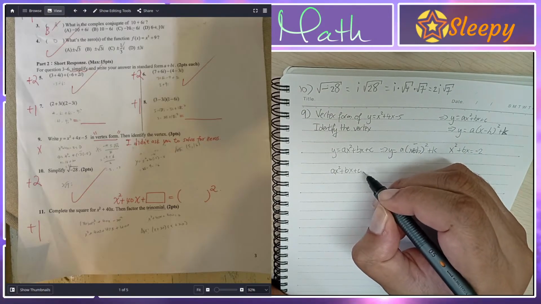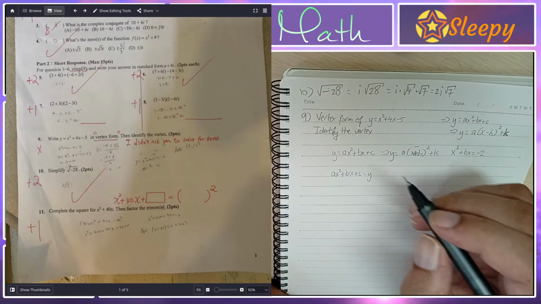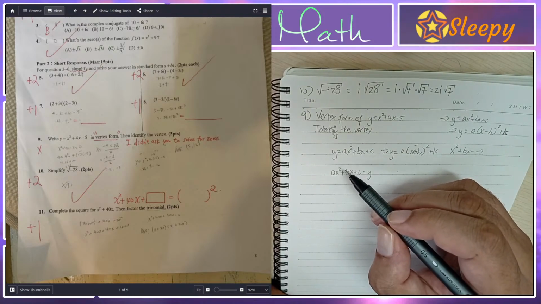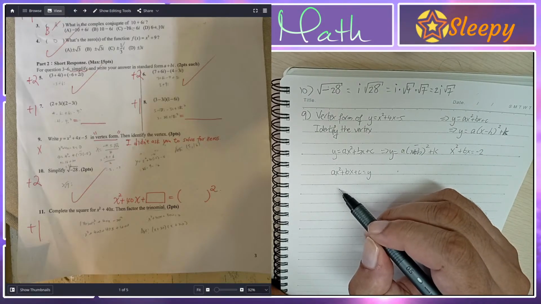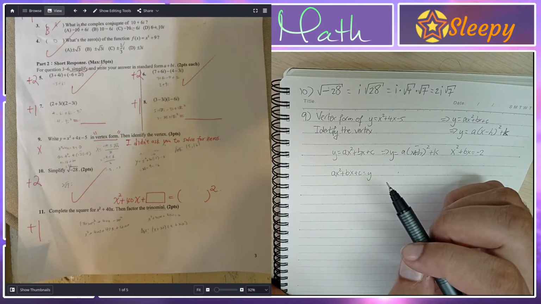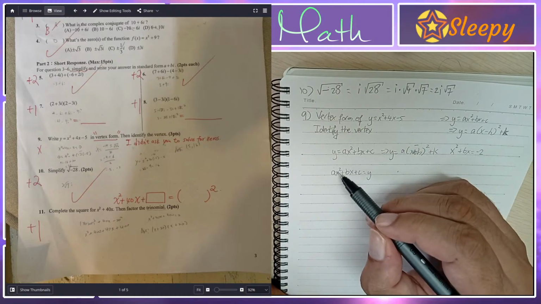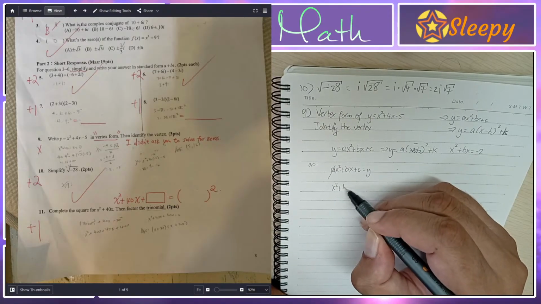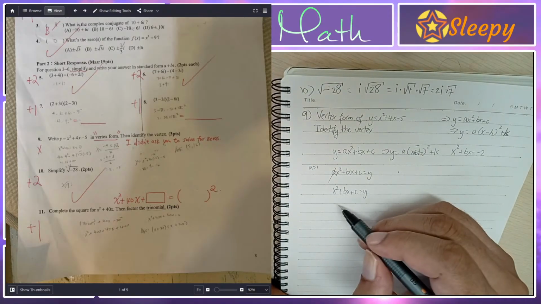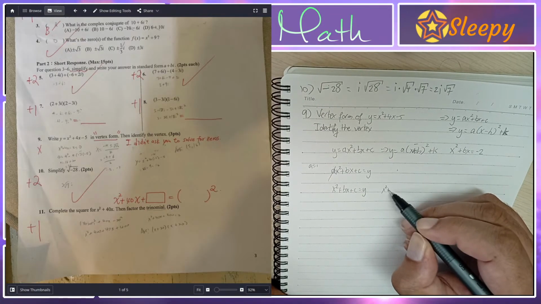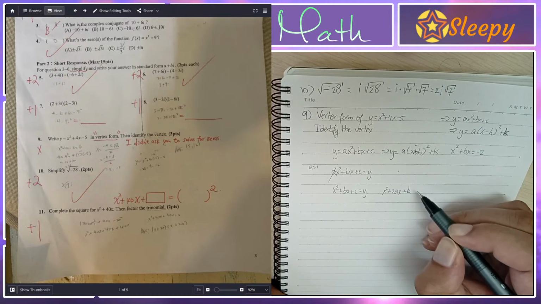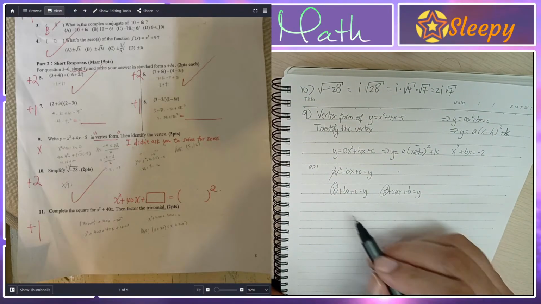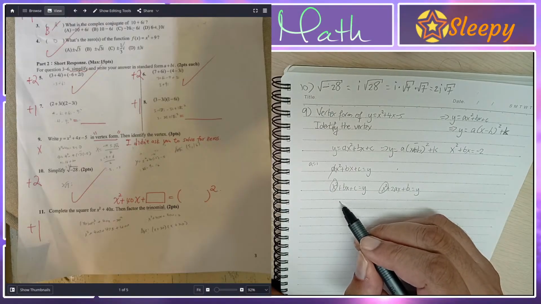And then, if a is 1 here, you have x squared plus 2ax, and you've got the c.